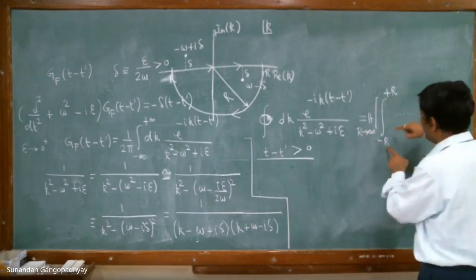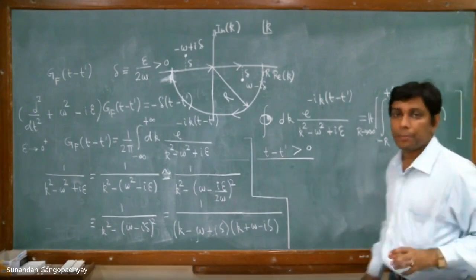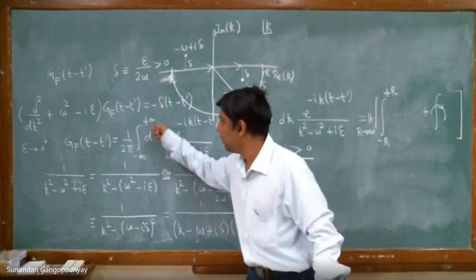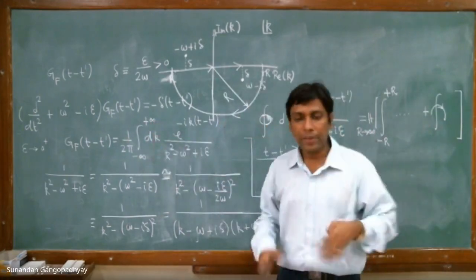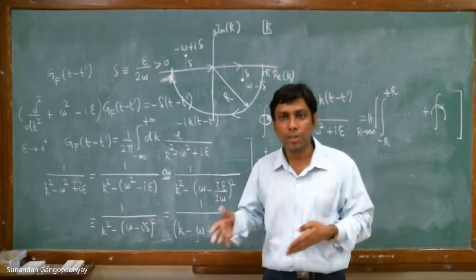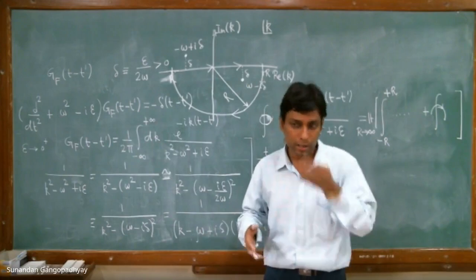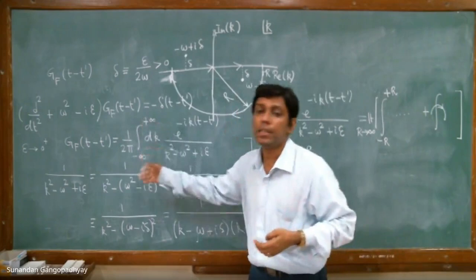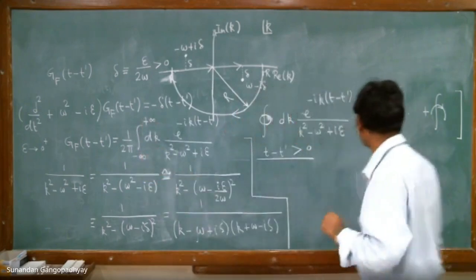r tending to infinity, integral minus r to plus r gives the principal value of the integral, which is nothing but this integral. So if that limit exists, in the limit r tending to infinity, we call it the Cauchy principal value. It may exist, it may not exist. If it exists, we call it the Cauchy principal value of this integral. And this is nothing but this integral that we want to compute.